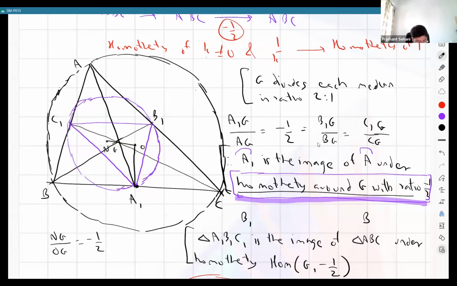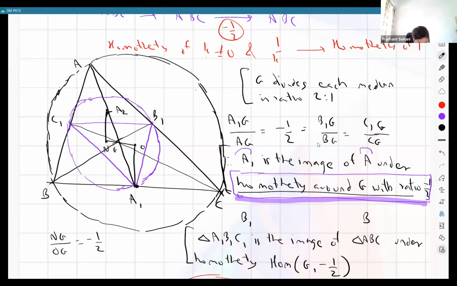Okay. So O goes to N under this operation. A1 will also go to a new point, right? So let me denote the point where A1 goes as A2. So A2 is the image of A1 under the same transformation. And so what will happen? You are going to get similar triangles, right? So this OA1 is going to be parallel to this one, and half. Actually, I think my diagram is not very good.